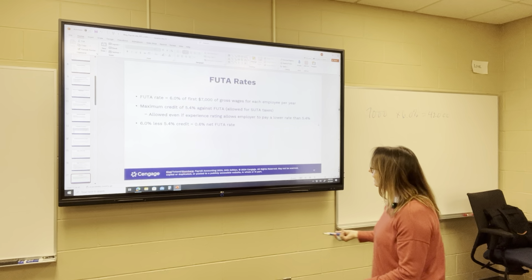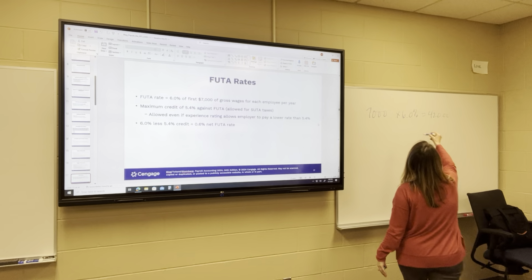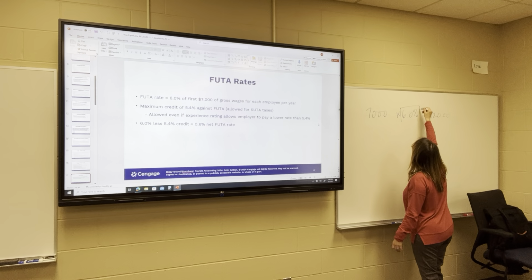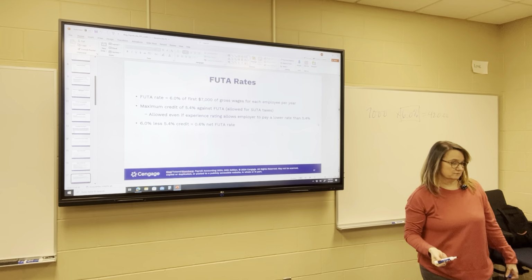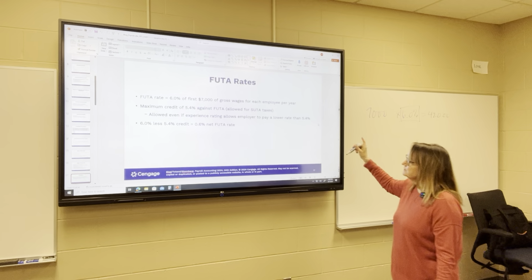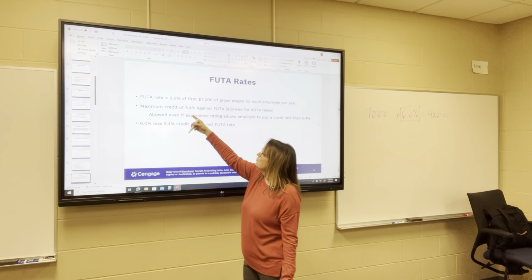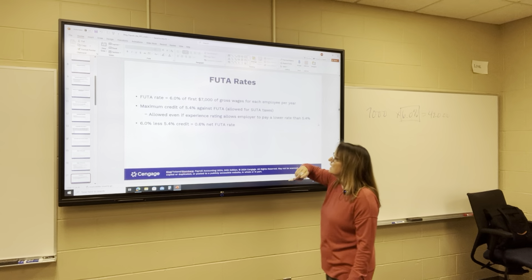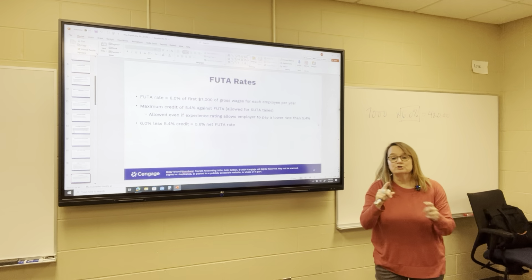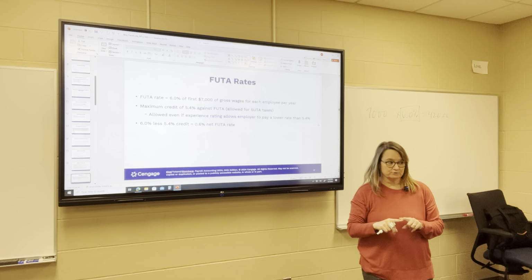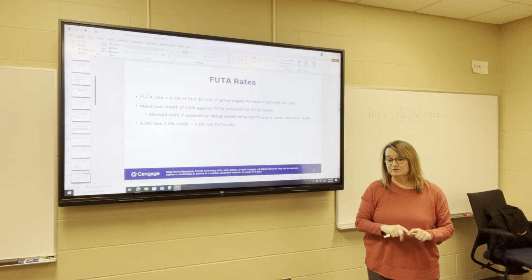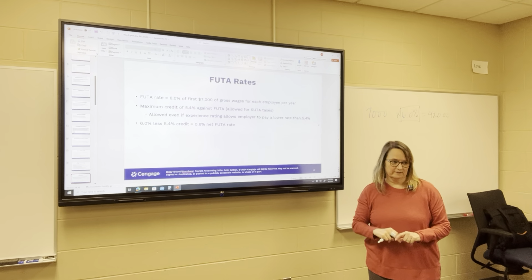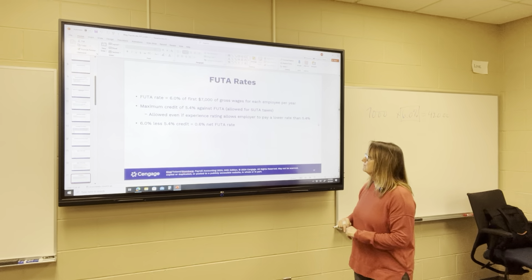Now, this rate here can be reduced, and usually is reduced. It's reduced by up to 5.4%, as long as the employer meets certain conditions. There are two conditions, really. One of them they have no control over. The other one they do have control over.